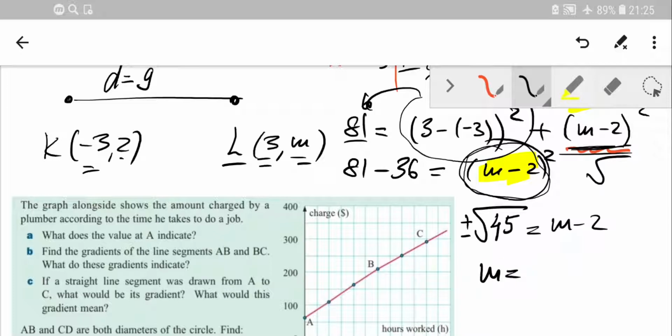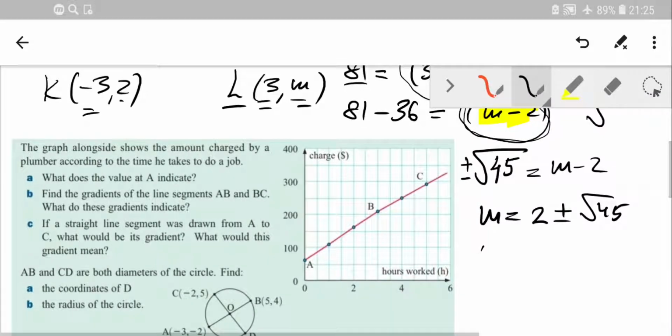Okay, so then we transfer 2 here, and finally what we got is 2 plus or minus the square root of 45. If you like, you can partially evaluate the square root of 45, because we know 45 is 9 times 5. So we can say that the square root of 45 is basically 3 square root of 5.